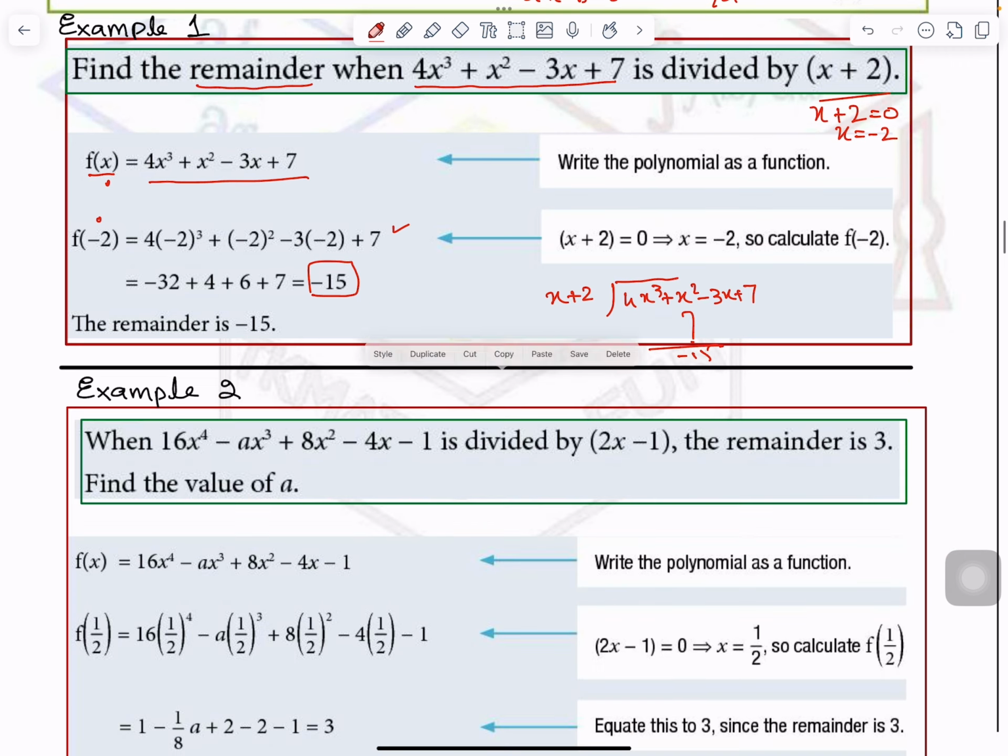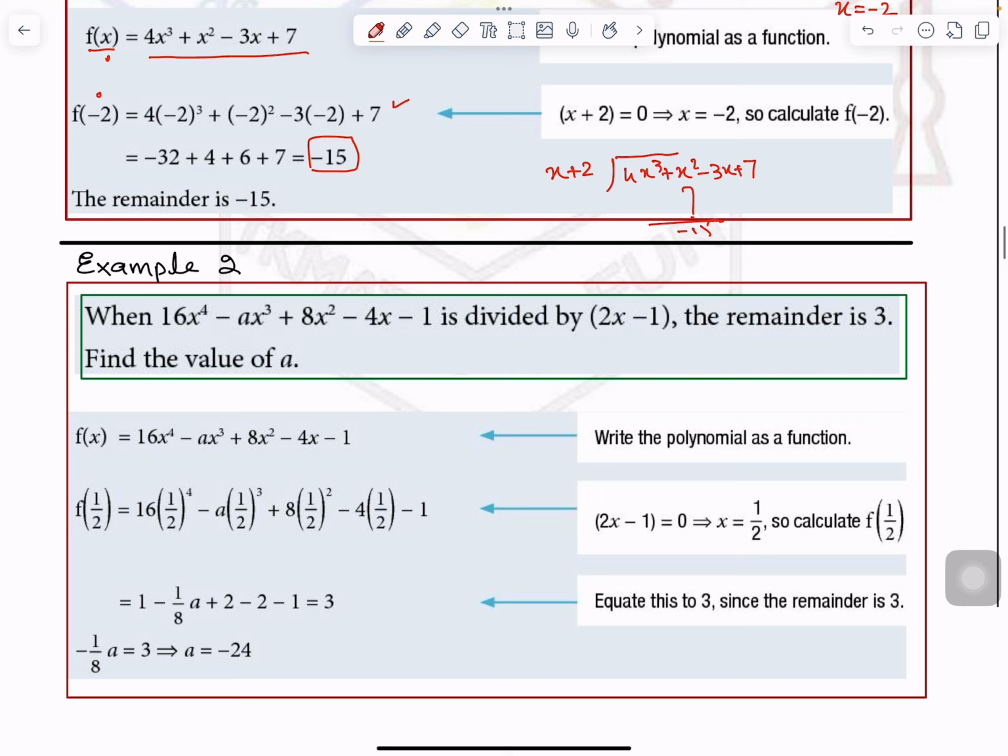Now the same question, but now there is one unknown. You can notice here, in the polynomial there is one coefficient which is unknown. What is given is that this polynomial is divided by 2x minus 1 and the remainder is 3.